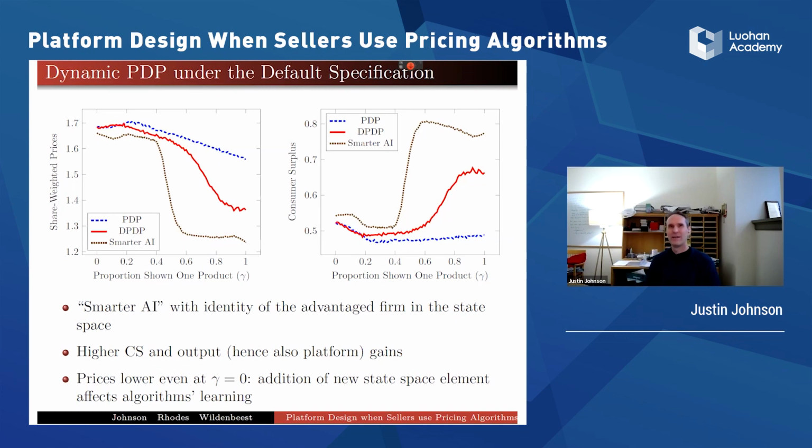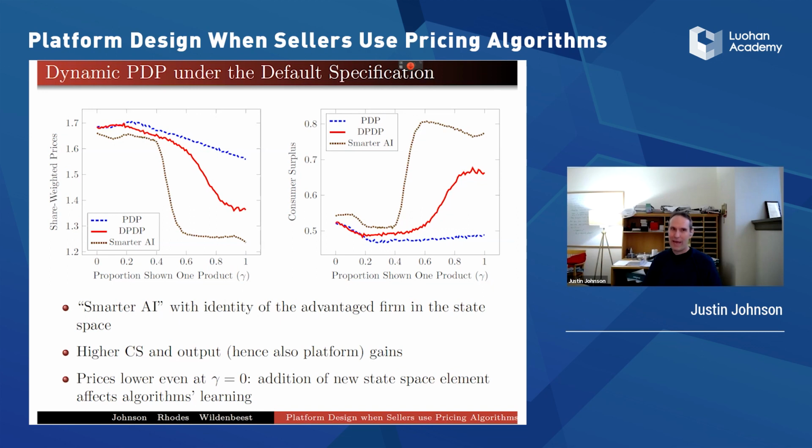If you recall, dynamic PDP gives one of the firms a pricing advantage in every period. And whichever firm has that advantage is in a good situation. If we let the algorithms also track which of the two firms has this advantage, then they behave even much more strongly to this demand intervention.